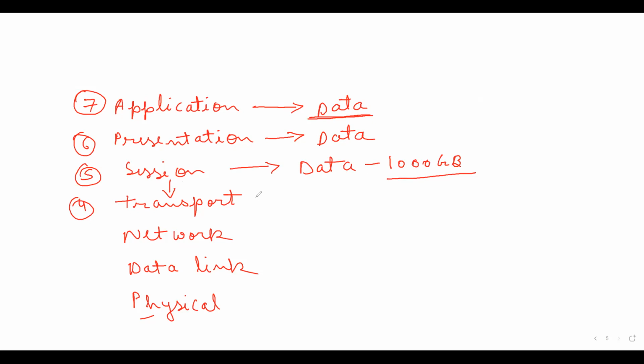In the transport layer, the data form is segment. Segment means chunks. So your data will be divided. If you have 1000 GB of data, it will be divided into 500 and 500, or maybe 100 MB each.